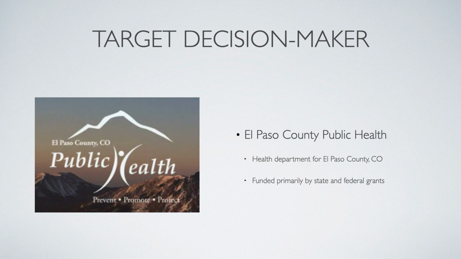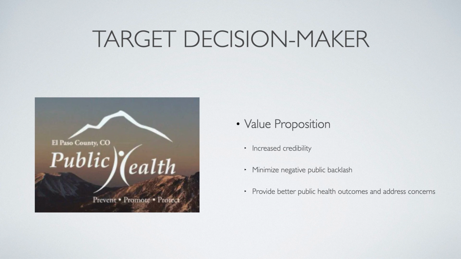So the primary target decision maker is El Paso County Public Health, although the outcomes from this community consultation could be useful to other local health authorities and private sector entities. El Paso County Public Health will benefit from increased credibility by using outcomes of the community consultation to inform its governance of vaccine passports.